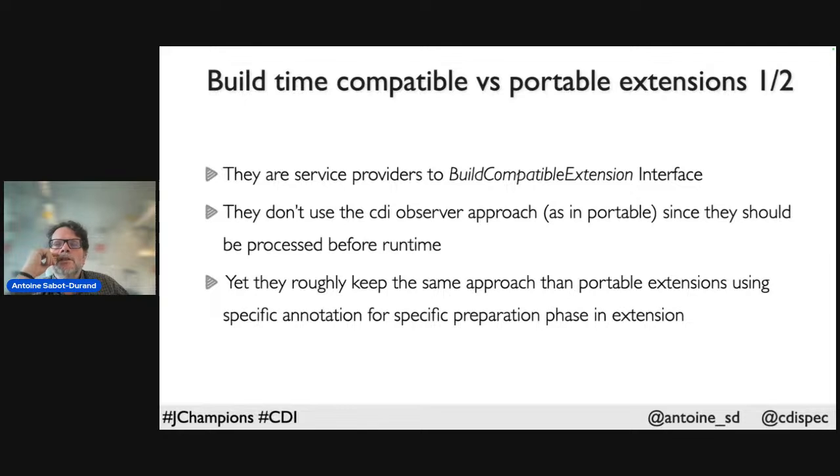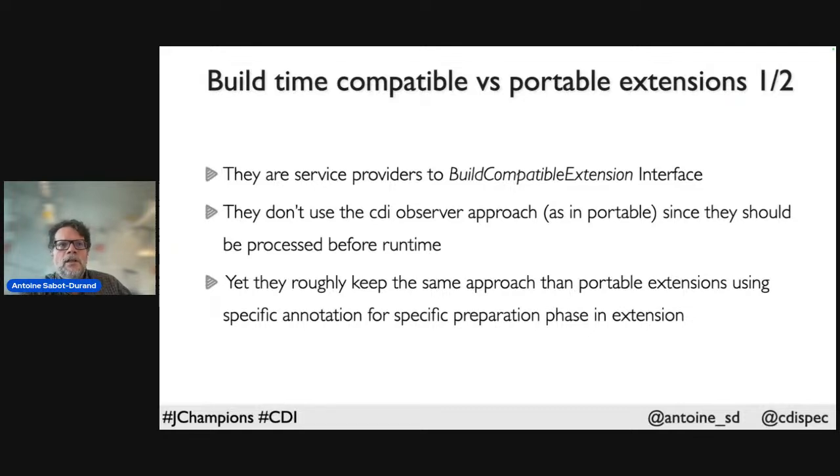In a portable extension, you have to observe a list of, how to say, bean container events fired at boot time, and you can work on those events to change the information discovered by the container.